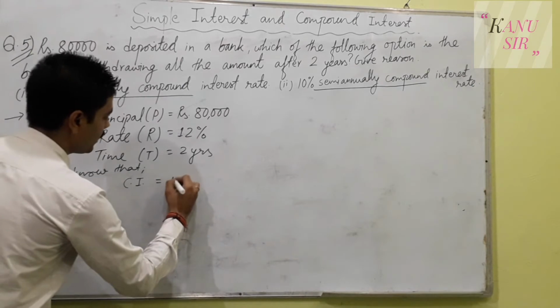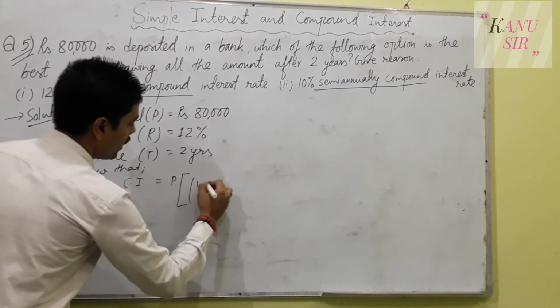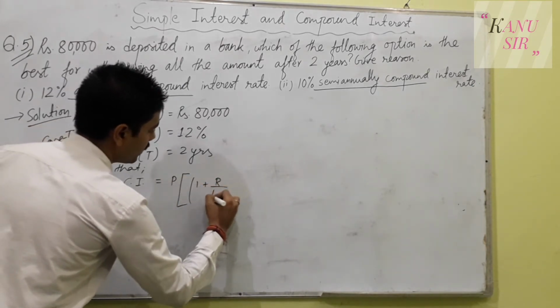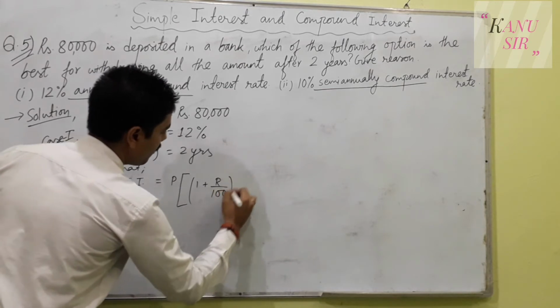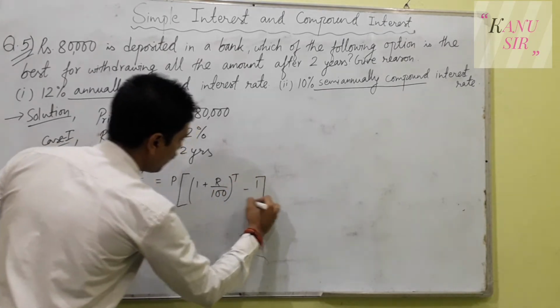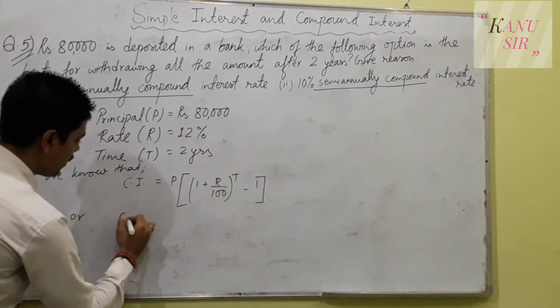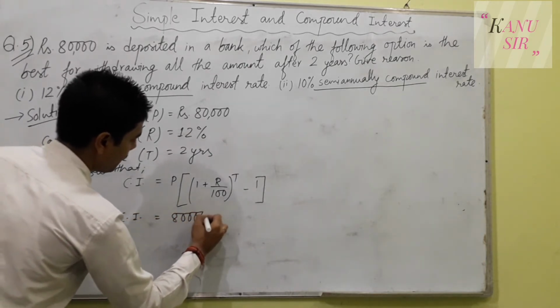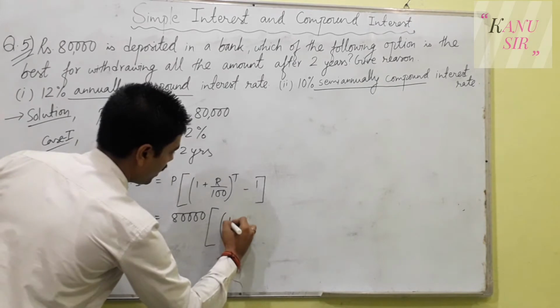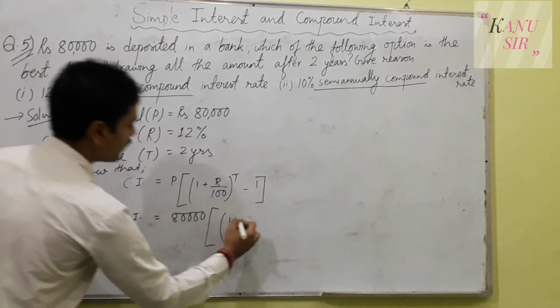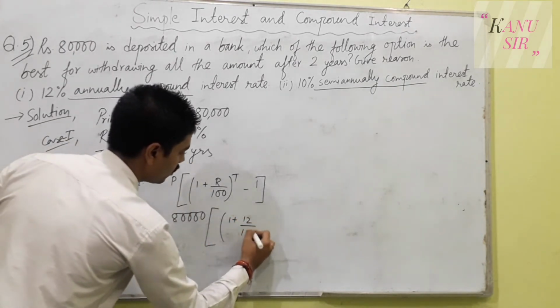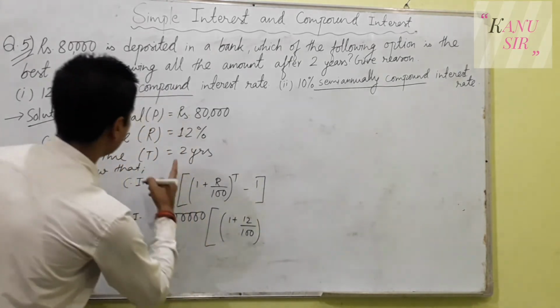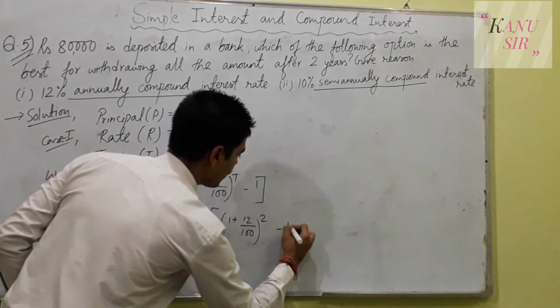So compound interest is P times (1 plus R by 100) to the power T minus 1. Compound interest equals principal 80,000 times bracket 1 plus the rate 12% annually, so we'll write 100, and for 2 years we'll write power 2, minus 1.